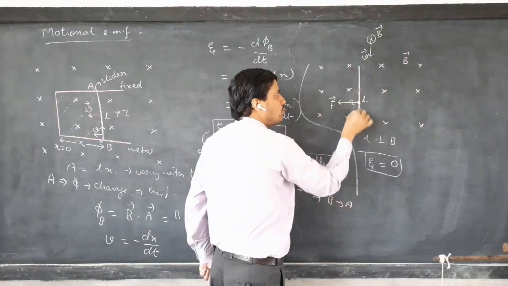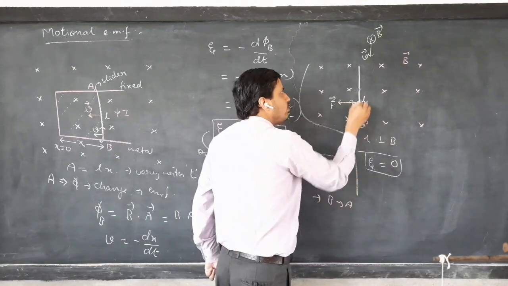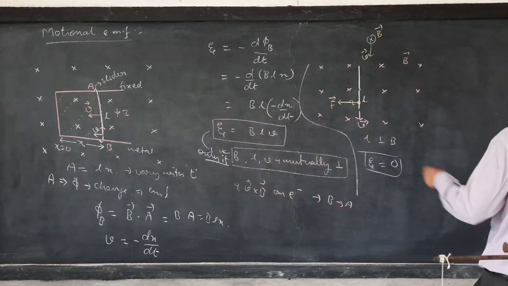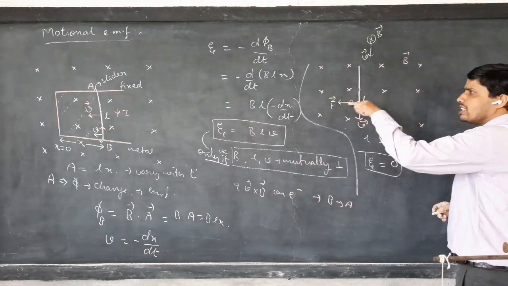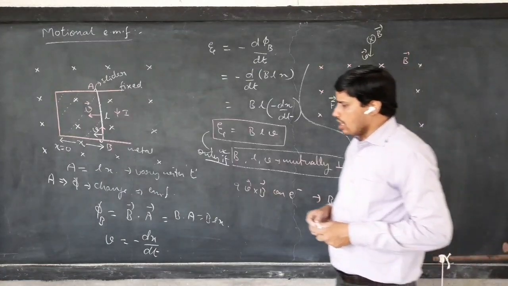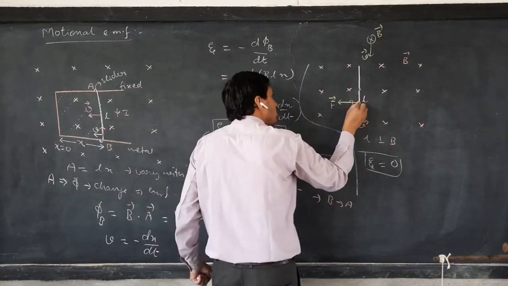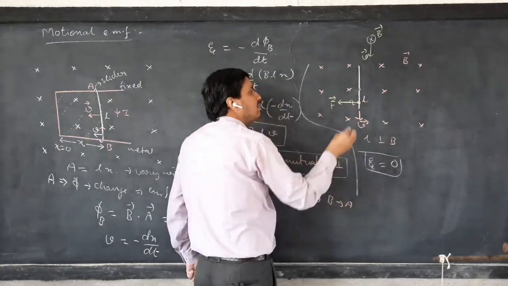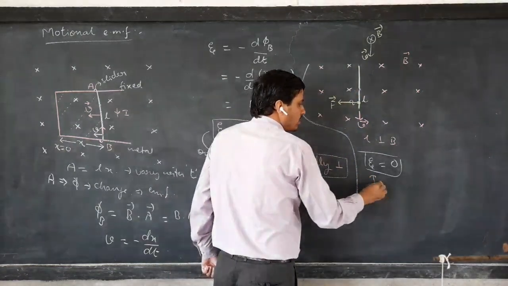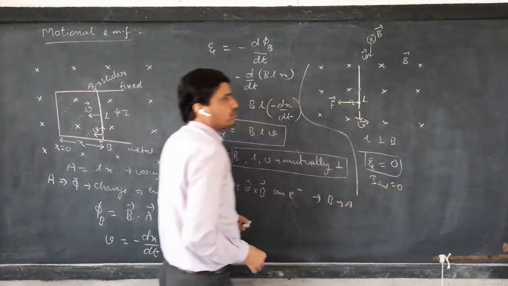The free electron can move anywhere in this particular direction. We assume the thickness of this wire to be zero, negligible. So the free electron, although the force is in this direction, it cannot come out and therefore it will remain as such. So when there is no flow of electron in this direction, that means there will not be any current. Induced current will be zero and therefore induced EMF will also be zero.